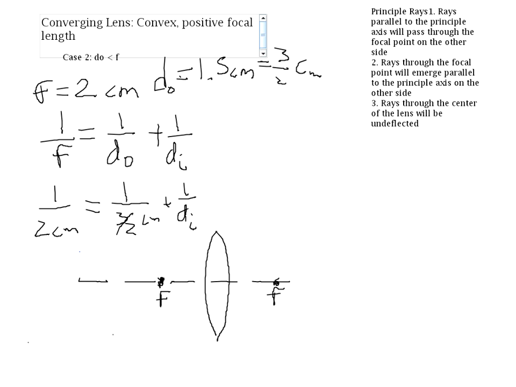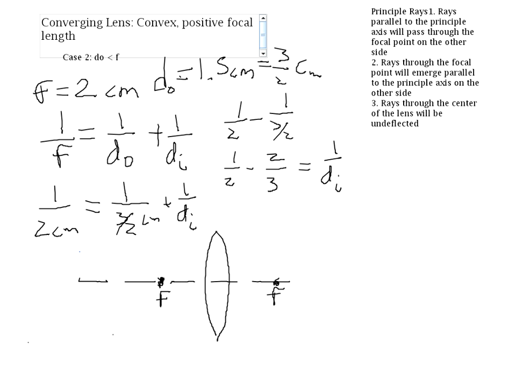We'll subtract 1 over 3/2 from both sides. So you have 1/2 minus 1 over 3/2, or 1/2 minus 2/3 equals 1 over di.